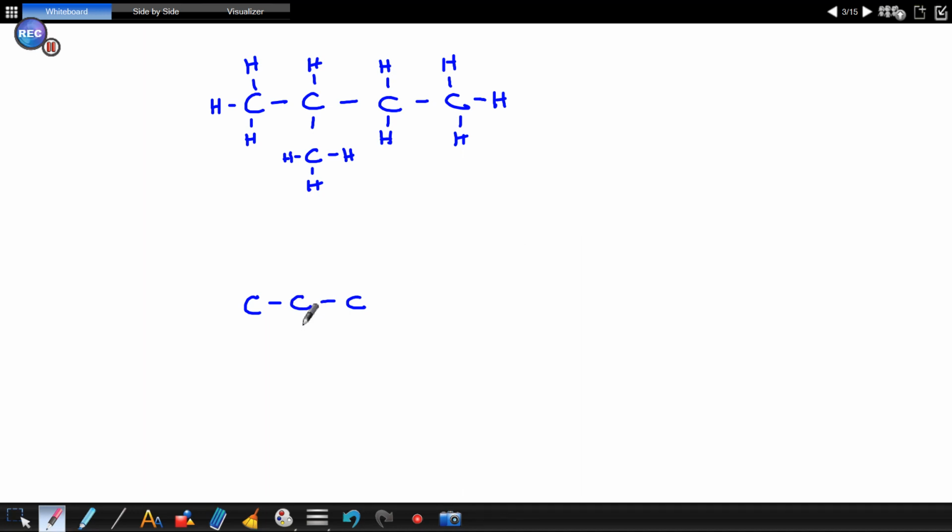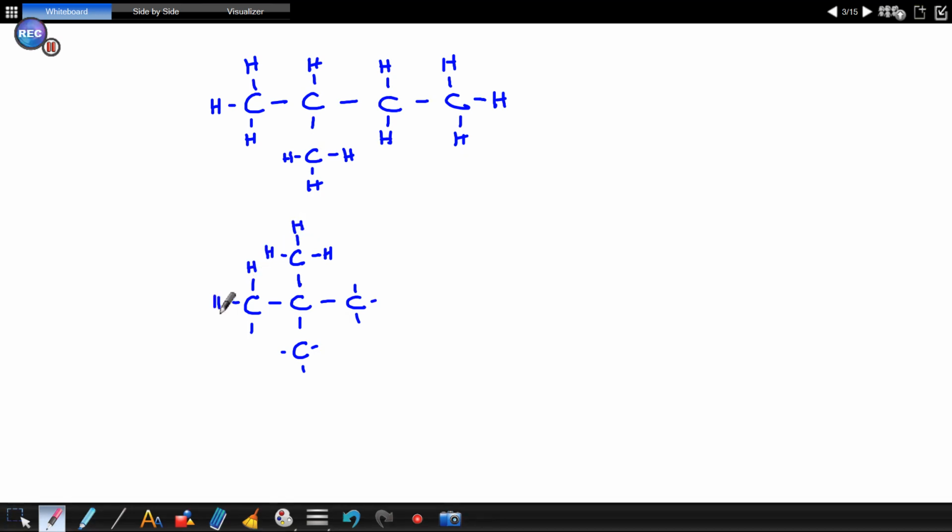Okay, so we kept that methyl group there, but we took one carbon from the chain of 4 carbons and joined it there. Is it still something with 5 carbons and 12 hydrogens? Does it still have 12 hydrogens?